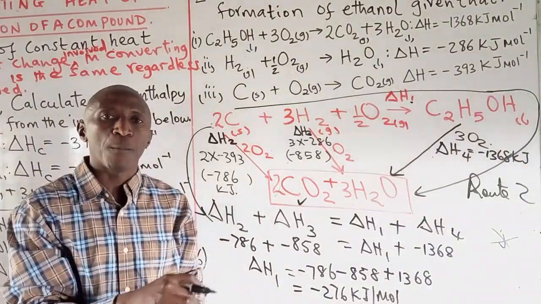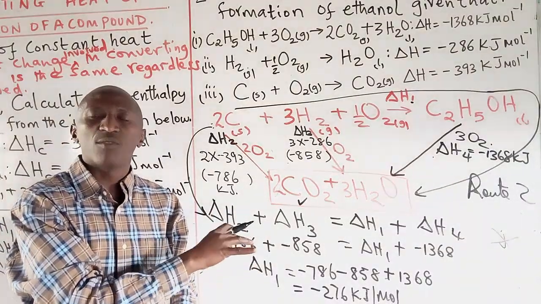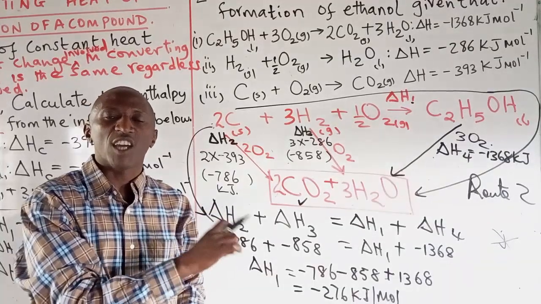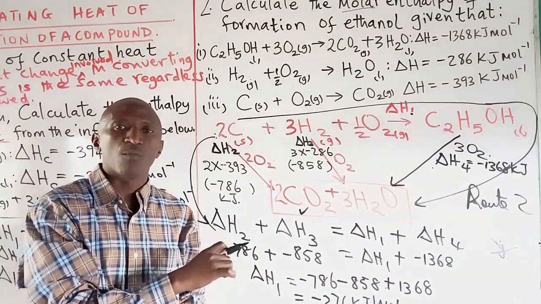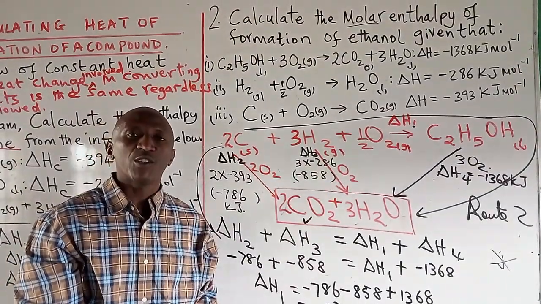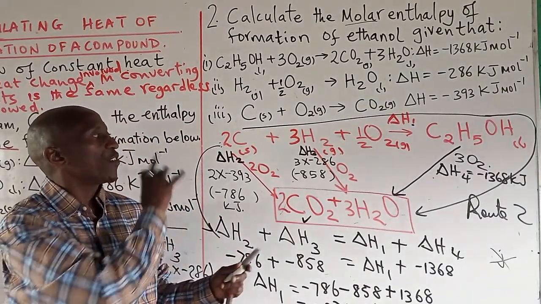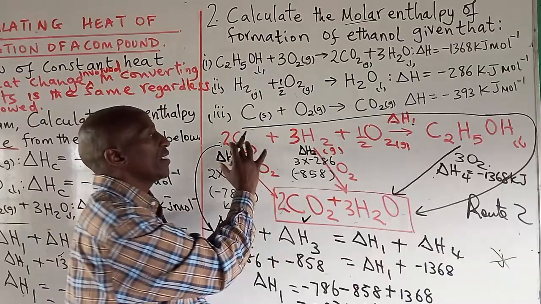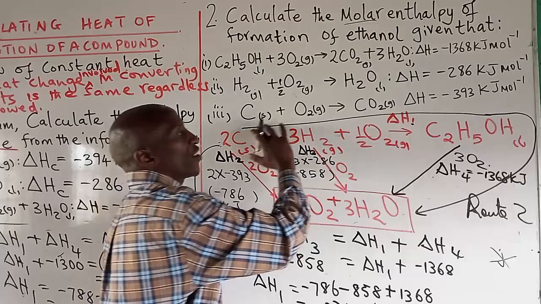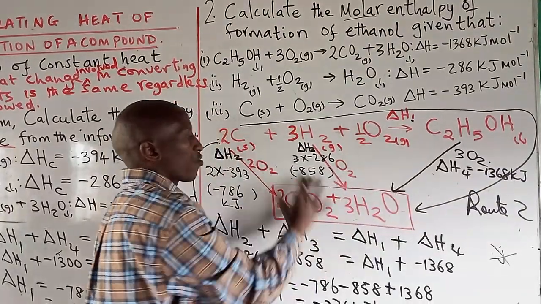That is the application of Hess's rule. In summary, therefore, we are saying Hess's rule enables us to calculate heat changes that would otherwise have been very challenging to calculate in a normal laboratory setting. And one of them is enthalpy of formation of substances. And we are saying, as per the definition, the heat change in converting reactants to products is the same regardless of the route they followed, either route 2 or route 1.